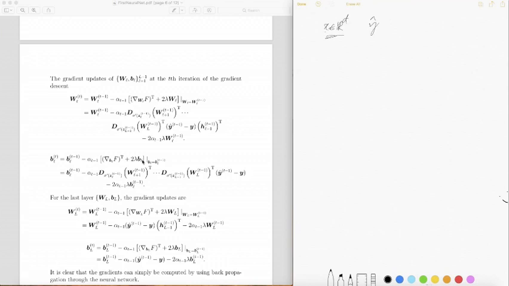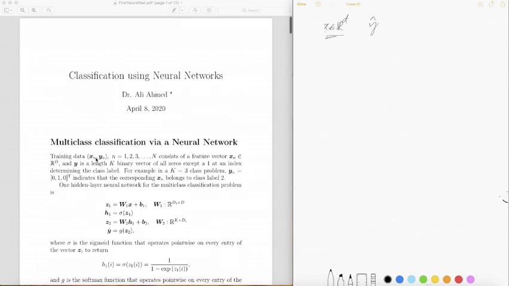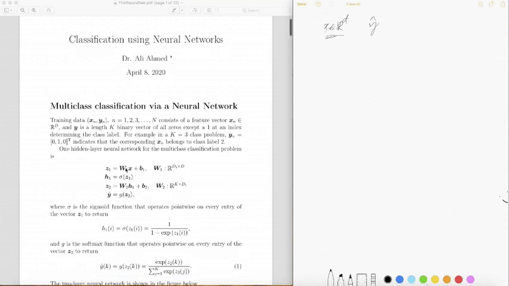So the questions basically will be that you will be given very simple, probably 2 or 3 dimensional X vectors as the training data. There will be many X's and the corresponding labels Y's. And what we will ask you to do is build a couple of layer neural network yourself using these equations, and we will give you the size of each layer.